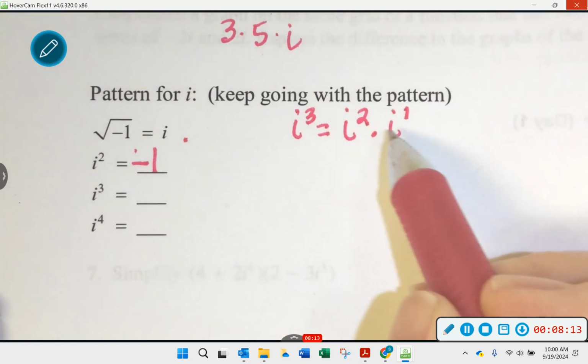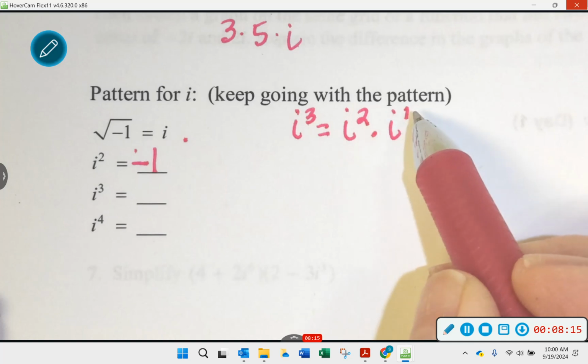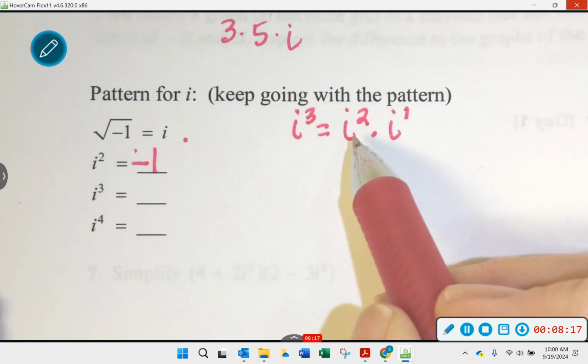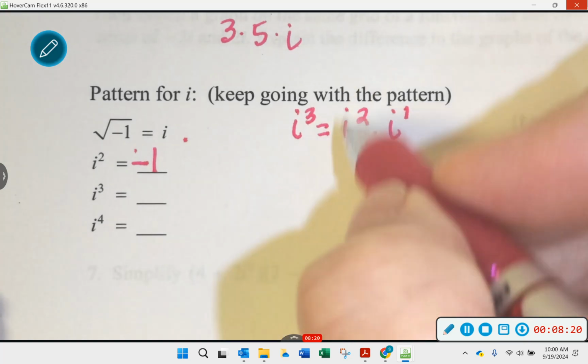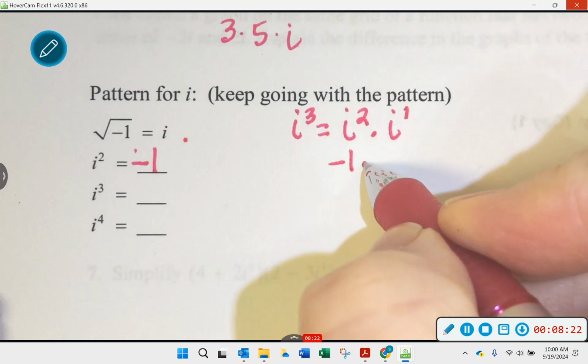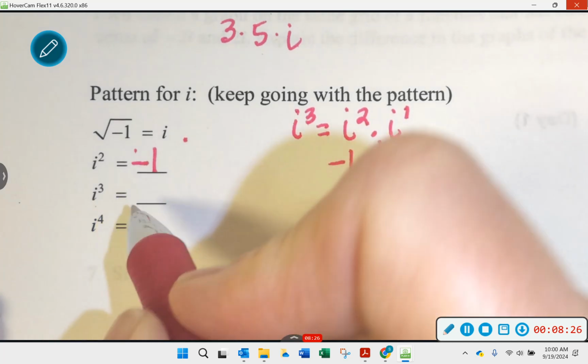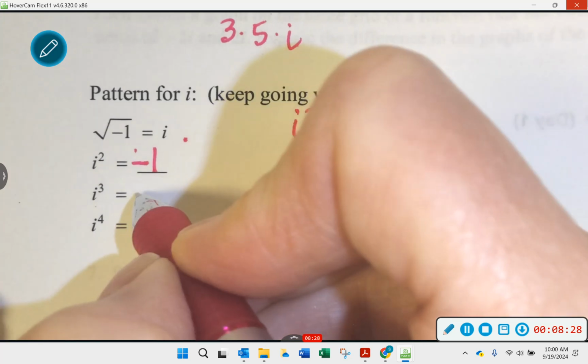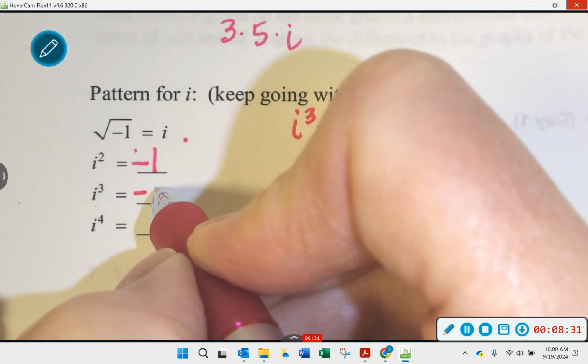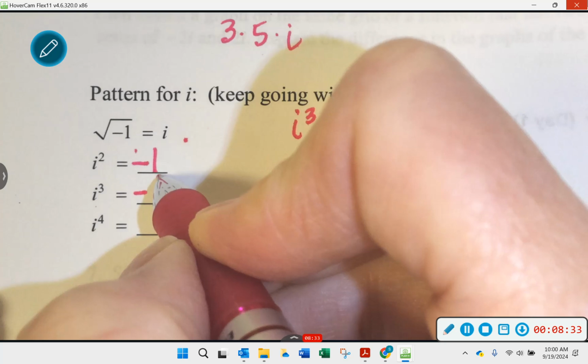Remember how if your bases are alike, you add the exponents? So what is i squared? So I would now have -1. i to the first is just i. So what is i cubed? Just -1i. So I can just call it -i.